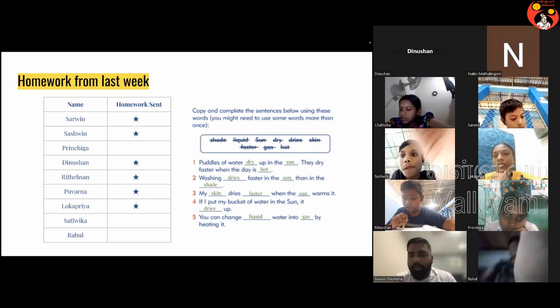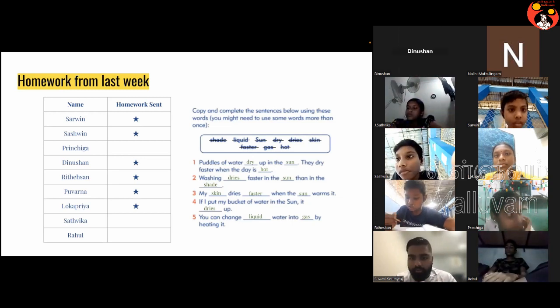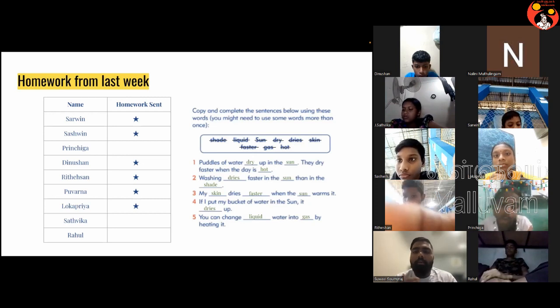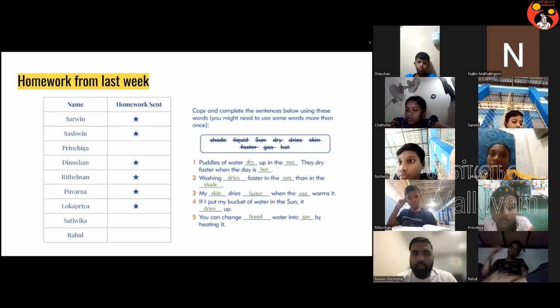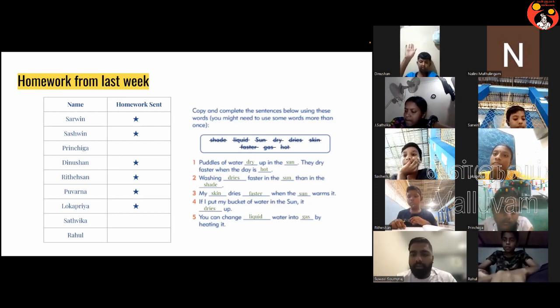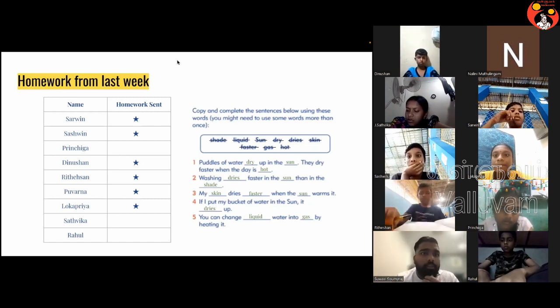If I put my bucket of water in the sun, it dries up, right? Because of evaporation. And then you can change liquid water into gas by heating it. So relates to the first point where when the water dries up due to the sun, it's changing from liquid to a gas. Dinishan, I see your hand up.